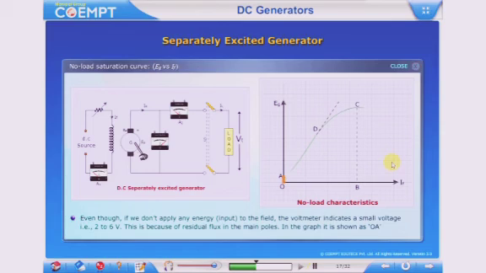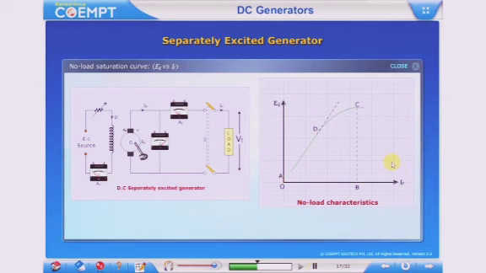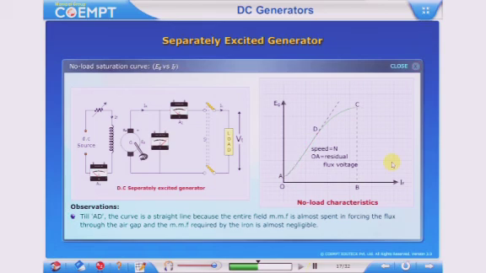It is because at a certain value of IF, that is field flux, saturation sets in and the MMF required by the iron increases more rapidly than the flux. Hence, D point is called the knee point of the no-load characteristics.